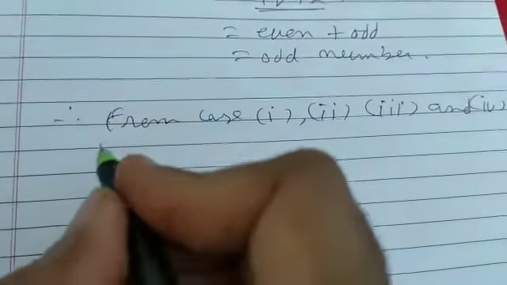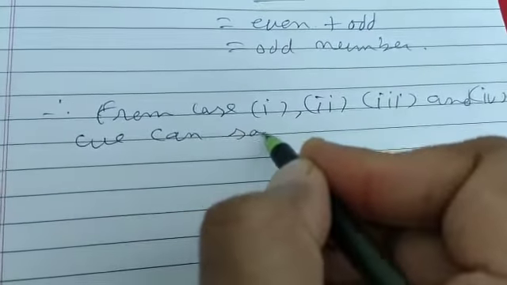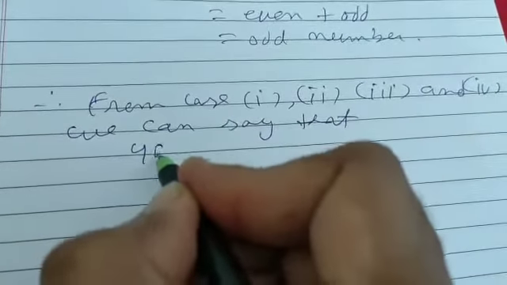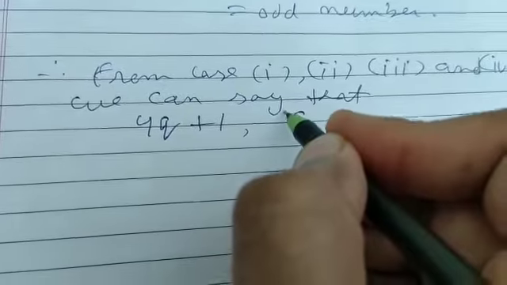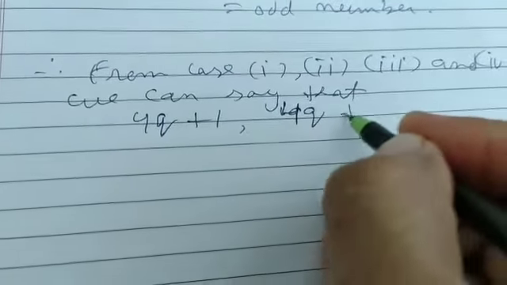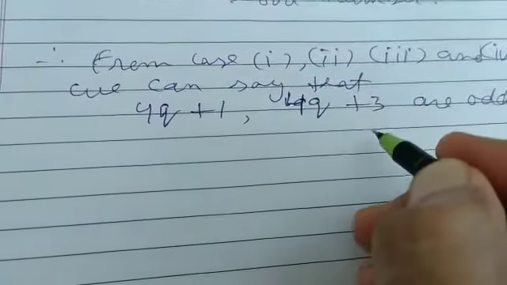We can say that 4q plus 1 and 4q plus 3 are odd numbers.